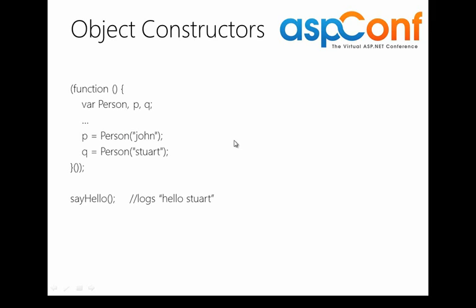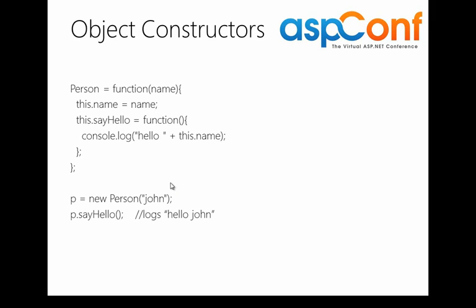And as such, when you do p equals Person and q equals Person, John and Stuart, when you're calling sayHello, that calls sayHello of, well, the global object, which has now been assigned to Stuart, because at that point this.name is Stuart. Right.